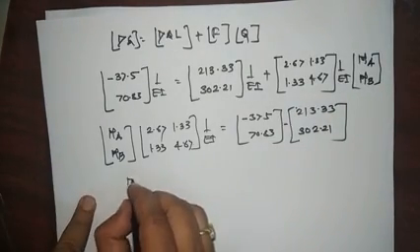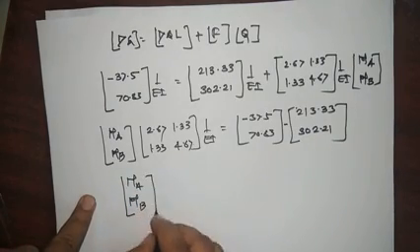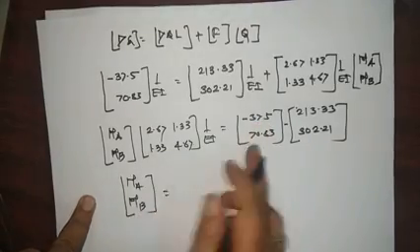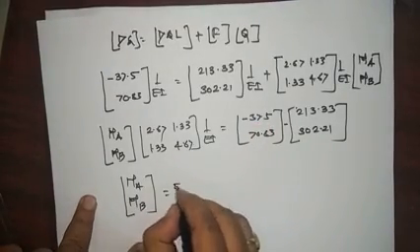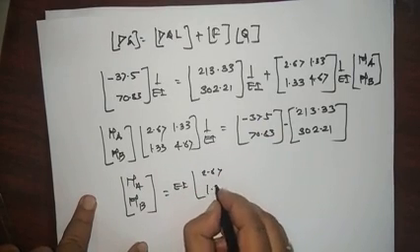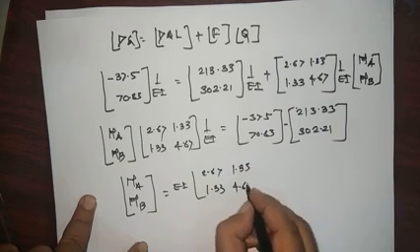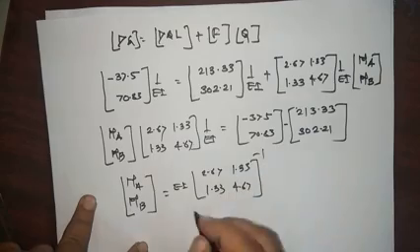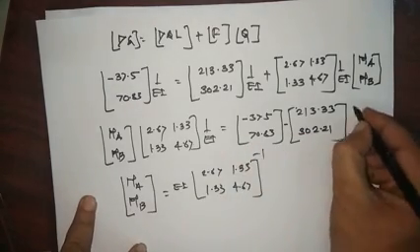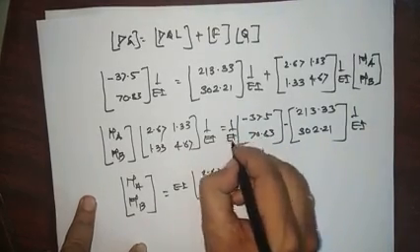Our final aim is to find MA and MB. So that is equal to this, taking it to the right side as an inverse. So EI times the inverse of 2.67, 1.33, 1.33 and 4.67. Now both of these have 1 upon EI.